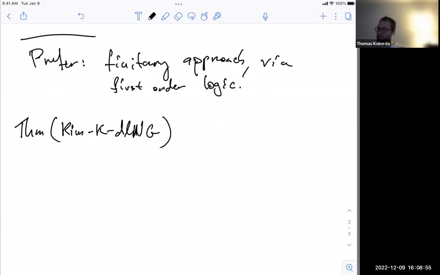The main theorem is as follows. Let M be closed and connected.